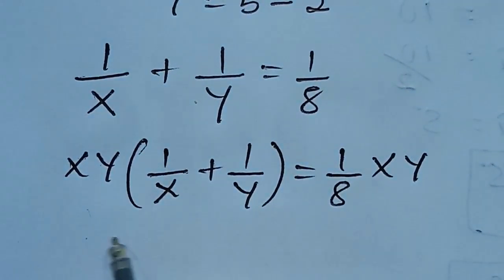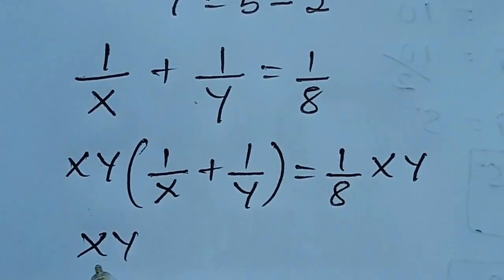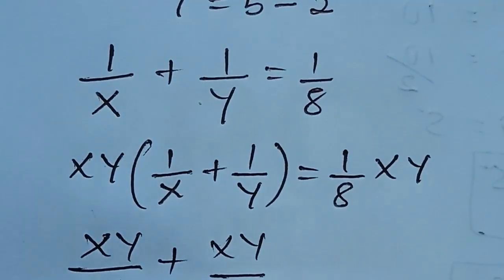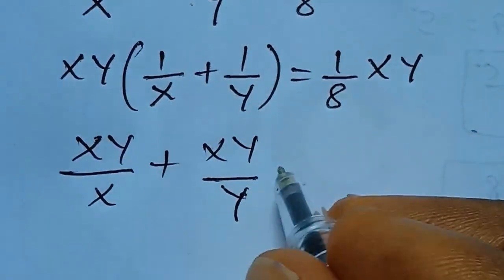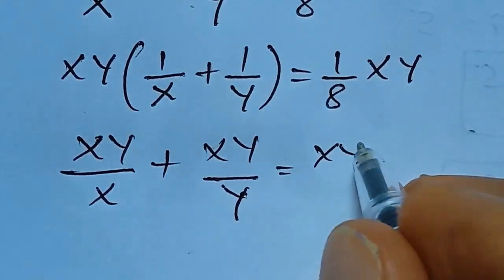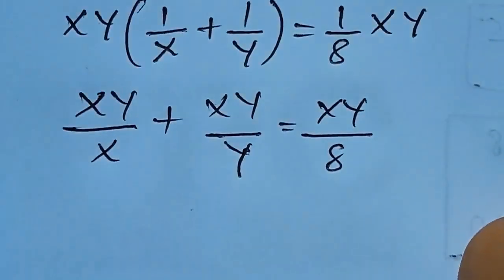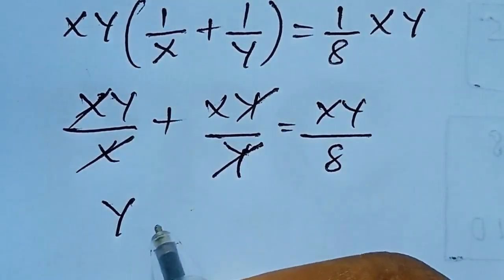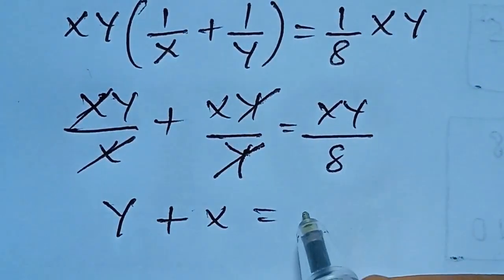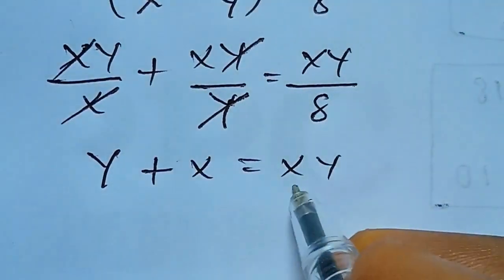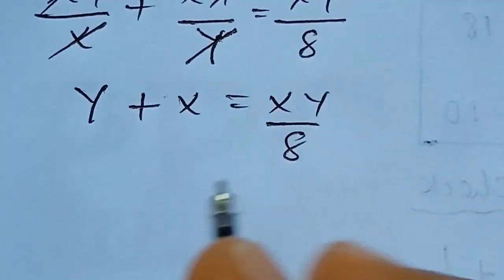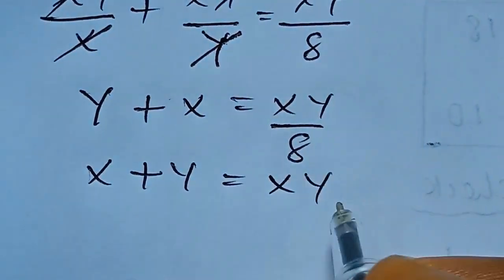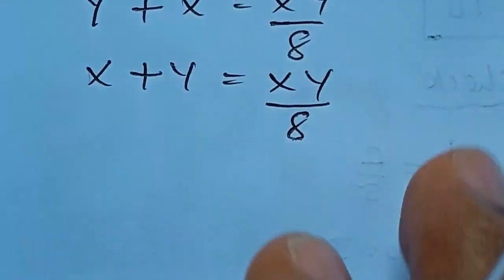So this becomes xy over x plus xy over y, and that equal to xy over 8. So the y go with this, the x go with this. We have y plus x equal to xy over 8. So we can rewrite this as x plus y equal to xy over 8.